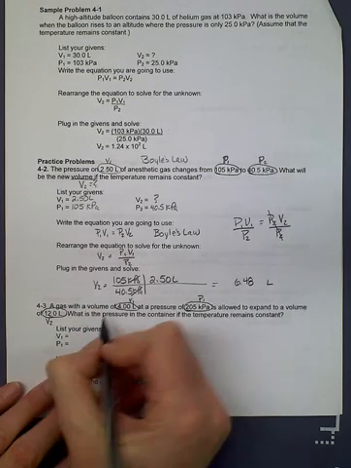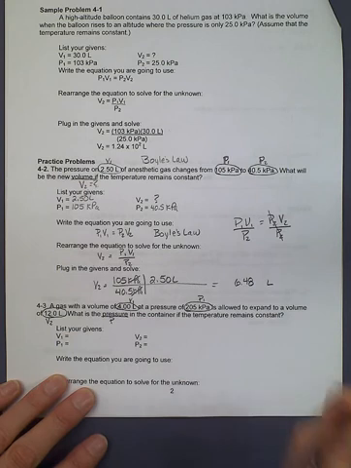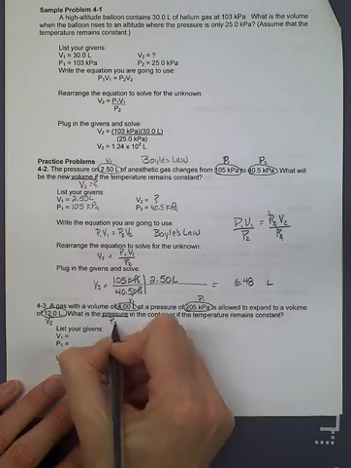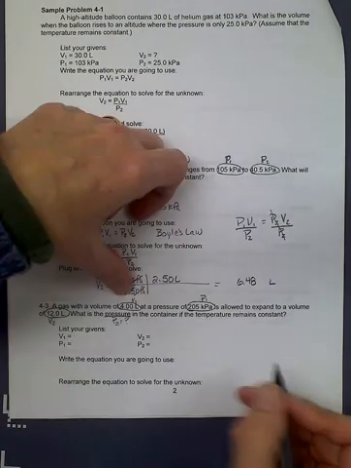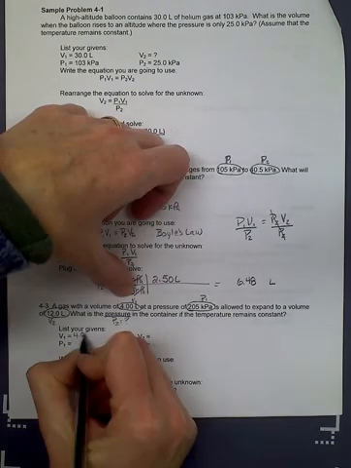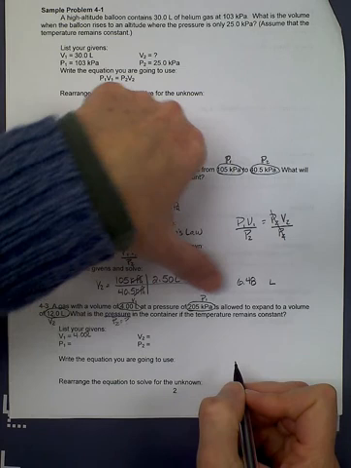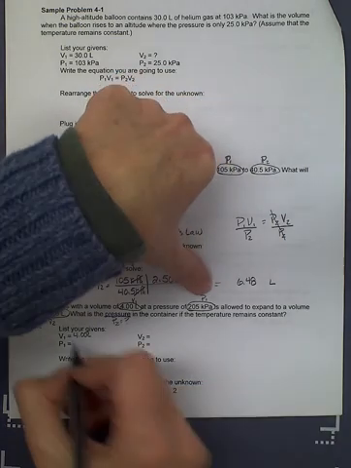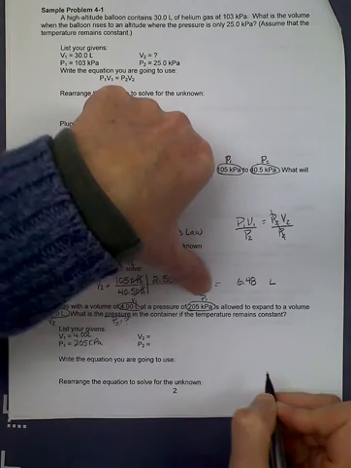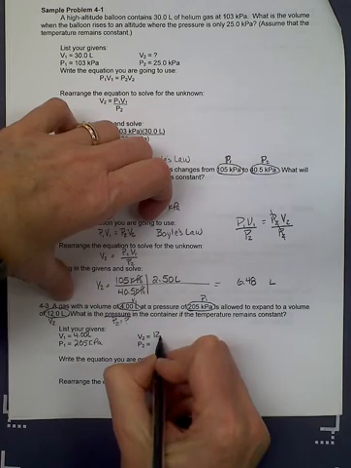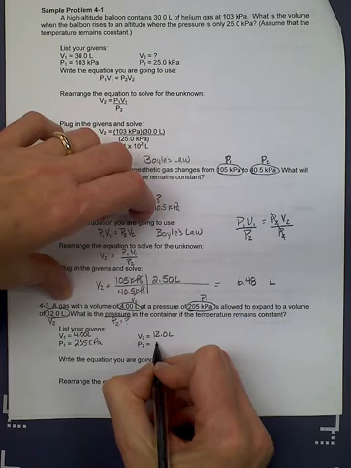What is the pressure in the container if the temperature remains constant? So we're looking for our P2. So listing our givens, we have 4.00 liters for V1. P1 is 205 kilopascals. V2 is 12.0 liters, and we're looking for P2.